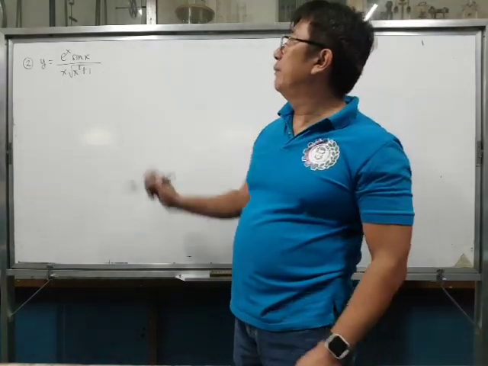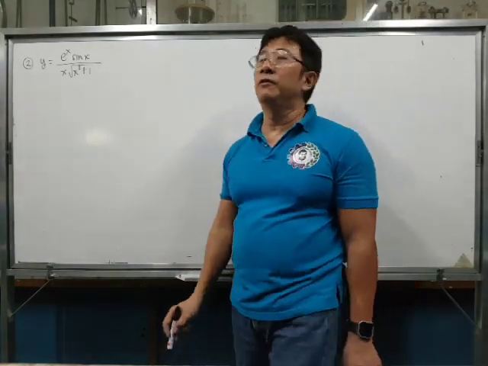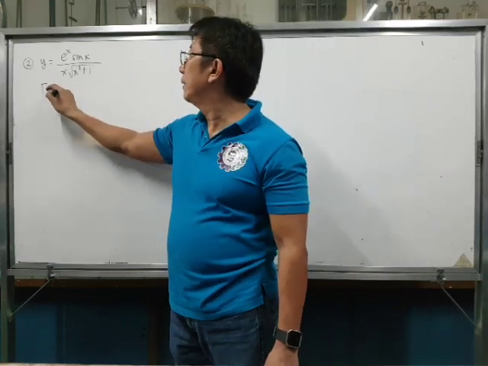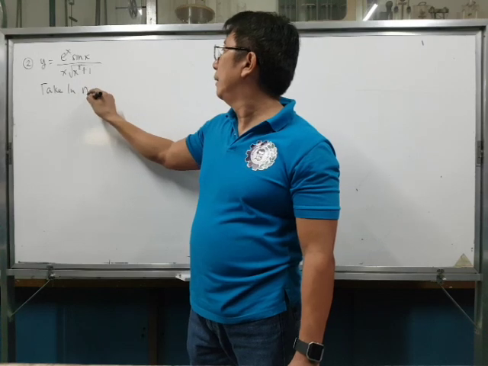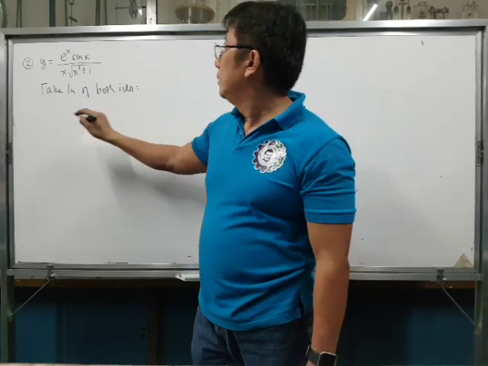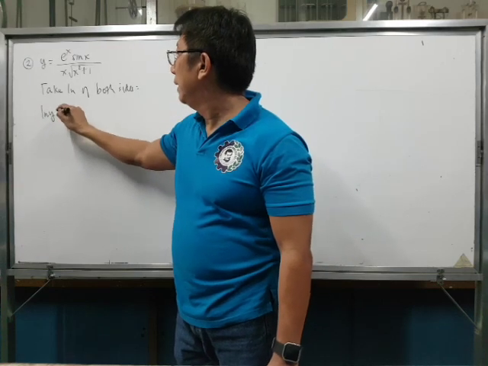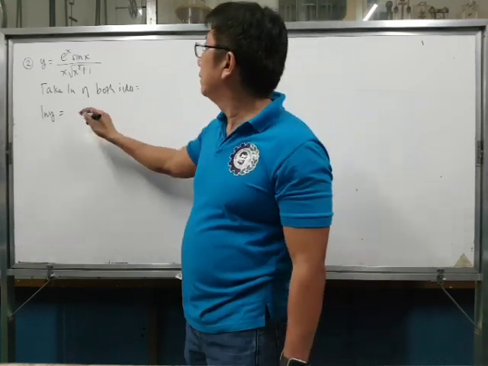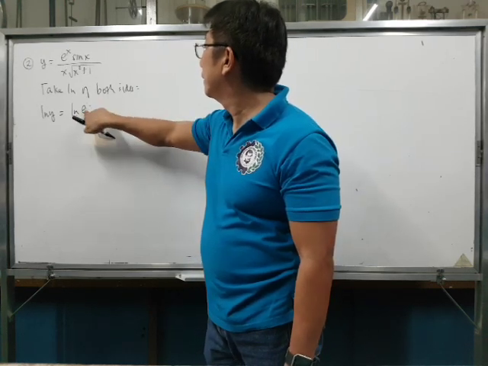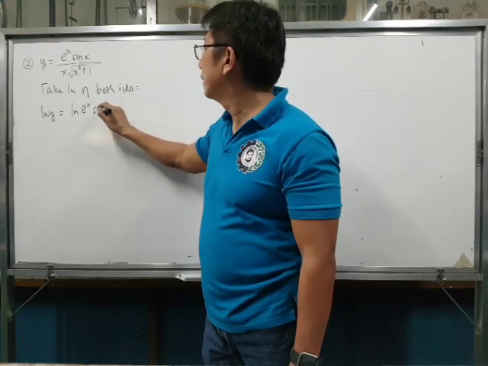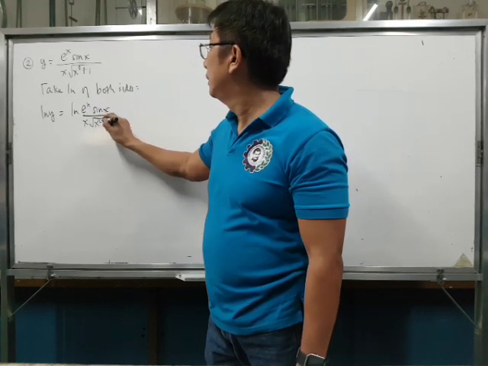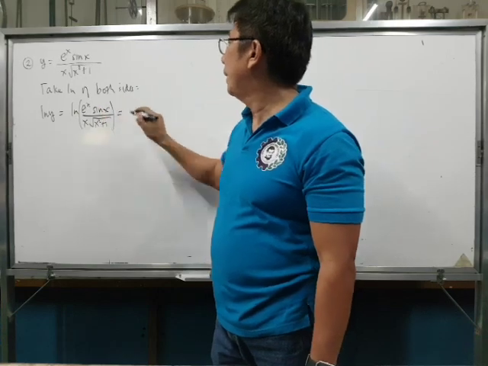Okay, so here we have another example. It involves a lot of product, quotient, and power. So again, we will take ln of both sides. So we have ln y equals ln of e^x sine x over x square root of x squared plus 1.